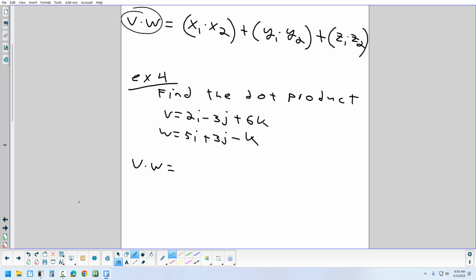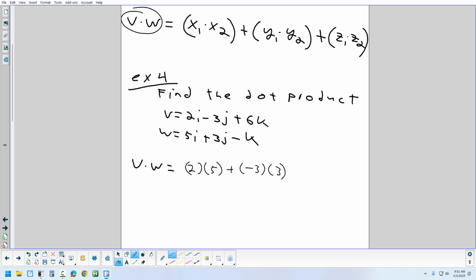So it's V first, then W. Okay, so 2 times 5 plus, what's going to be the next part of my calculation? Yeah. 3 times 3. Or negative 3 times 3, yeah. So negative 3 times 3.